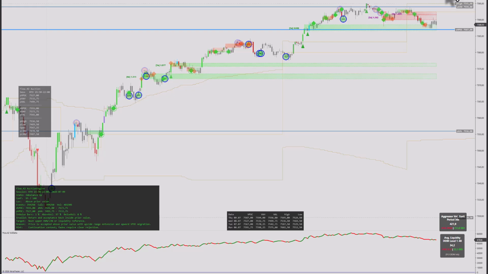Now let me be straight with you, because this matters to me. Everything you see here is analysis and context, not an automated trade signal. That's not a disclaimer I have to say. That's how I build. The auction engine gives you the current auction state, the structure behind the move, and the conditions that would strengthen or weaken the read.